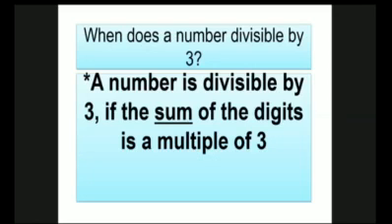What are the multiples of 3? 3, 6, 9, 12, 15, 18. So we are going to add all the digits and see if the sum of those digits is a multiple of 3.